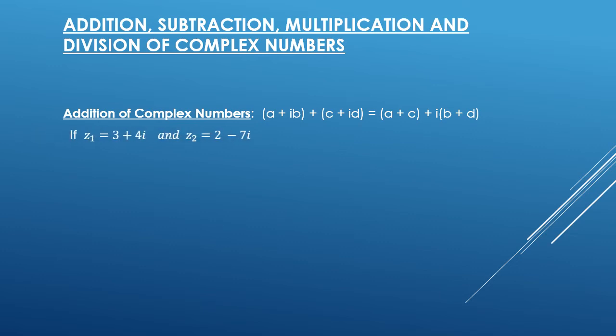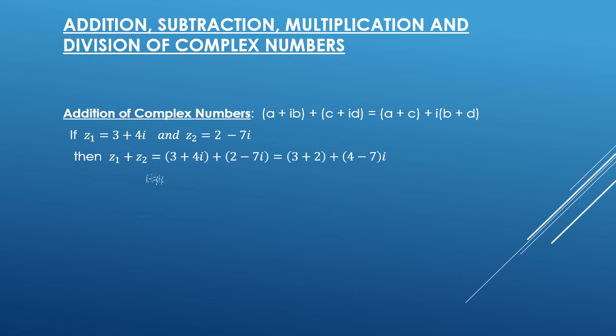If we have two complex numbers, z1 is equal to 3 plus 4 iota and z2 is equal to 2 minus 7 iota, then we can add them by the way discussed above. So z1 plus z2 is equal to 3 plus 4 iota plus 2 minus 7 iota. This will be equal to 3 plus 2 plus 4 minus 7 times iota.